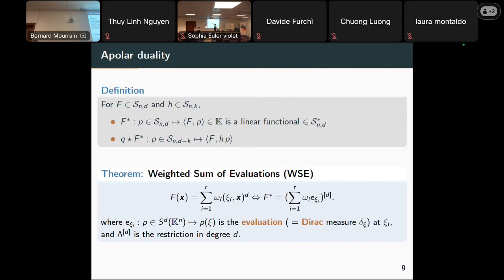It's the apolar product where we multiply P by H and we apply F. So it's a composition of the multiplication by H with F star.